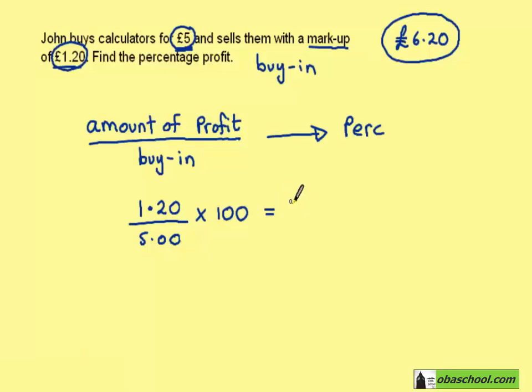Using a calculator, I've performed this calculation and found it to be 24%. Although I've used a calculator here, if the numbers are simpler, this could easily be on a non-calculator paper.